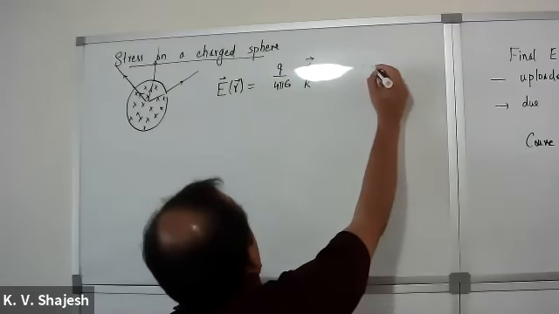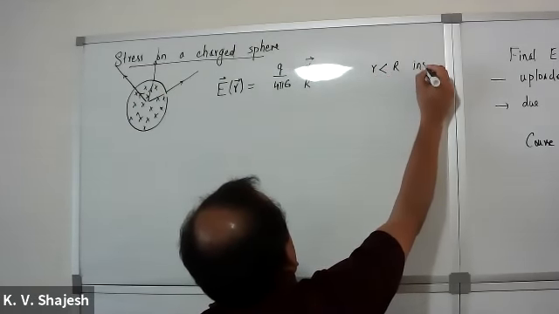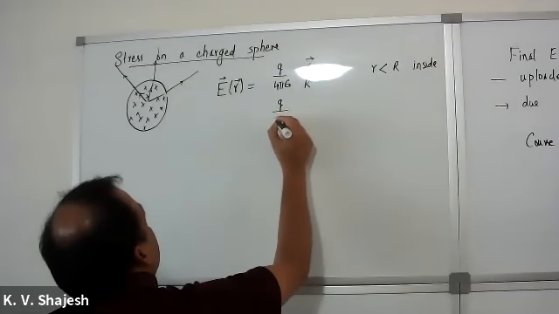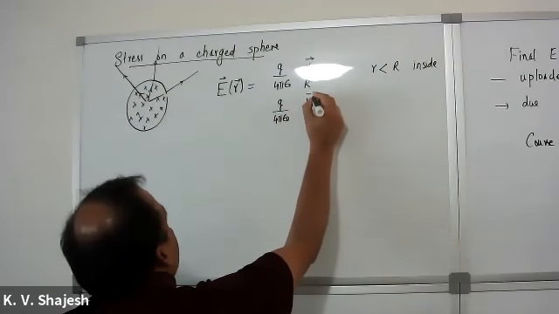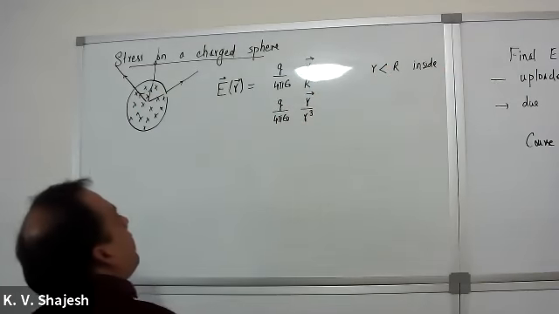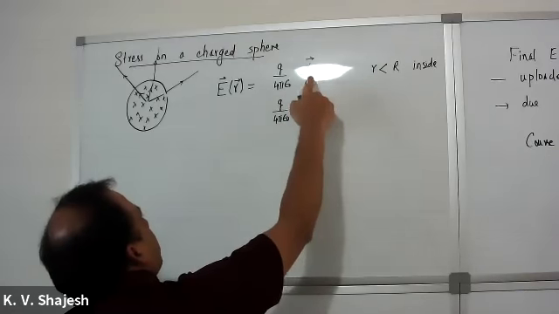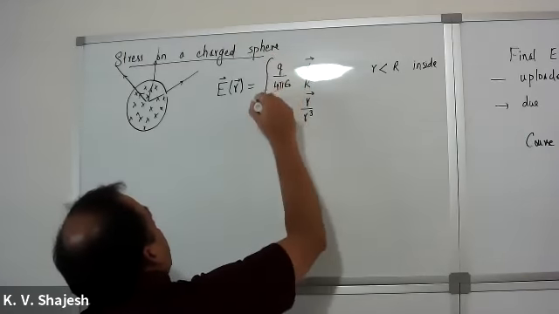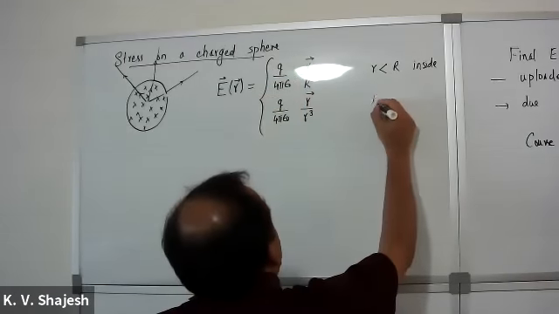This is for r less than R, that's inside. If you're outside, it decays off. That's a familiar thing we know: vector r over r cube. The only difference is that one is the radius of the sphere and one is the distance of observation. So this is when you're outside.